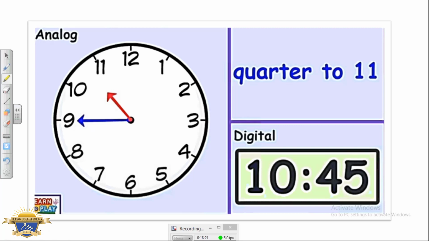So, quarter to 11, because with to we take the big number, which is 11. Quarter to 11. And we will write the inverse. I write here 11. In the digital, I will write 10. And the minutes, as we said, is 45.